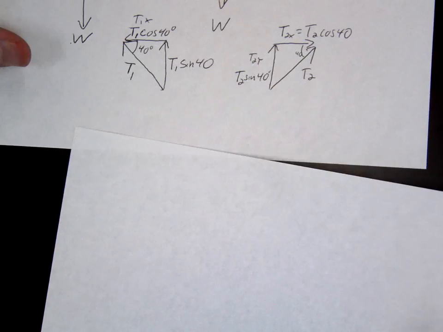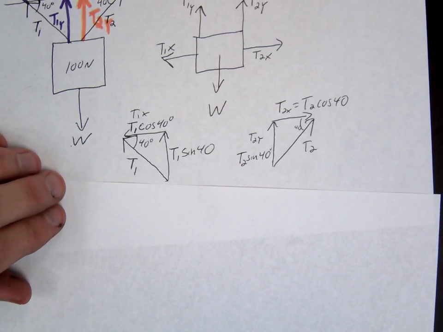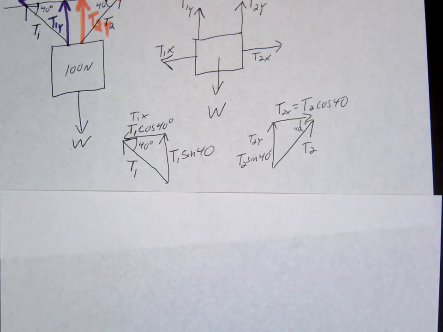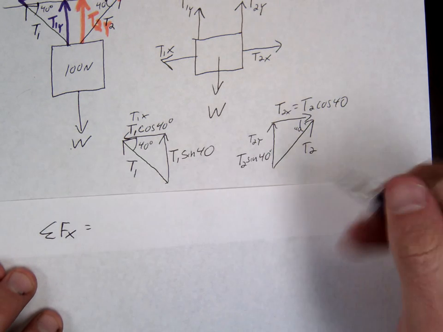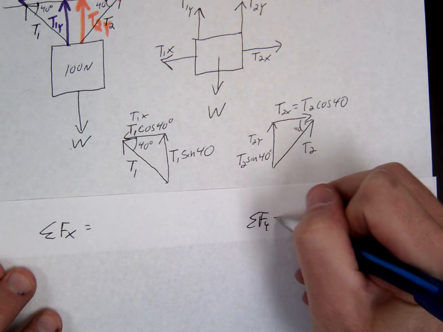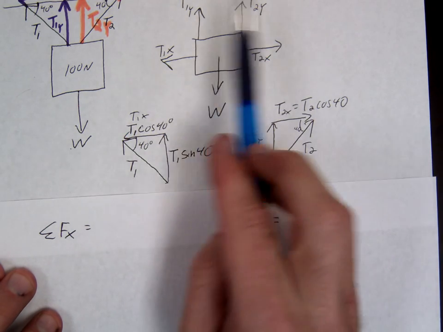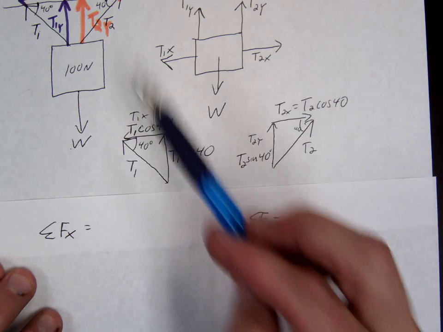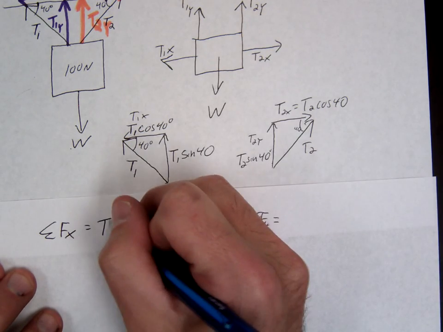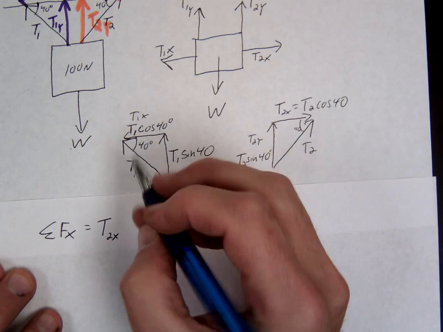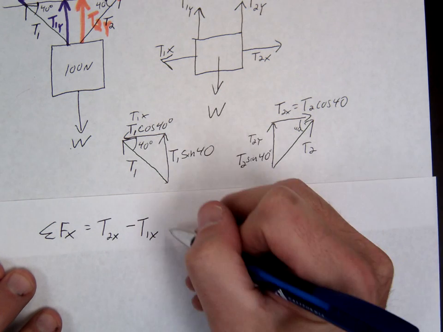So once we have our FBD, what's our next step? Set up our equation. So we have two dimensions, right? Once you have this picture, it should be pretty straightforward for you on how to proceed. So we have our T2x to the right. We have our T1x to the left, so we are going to subtract those. It's always equal to MA.